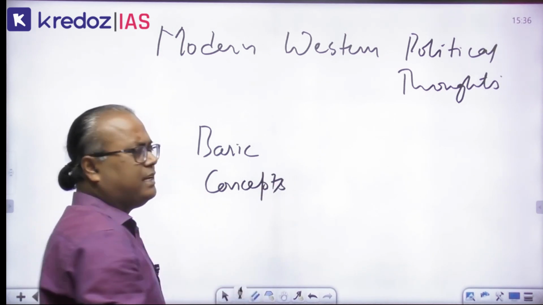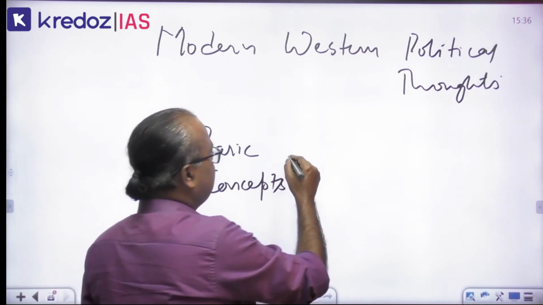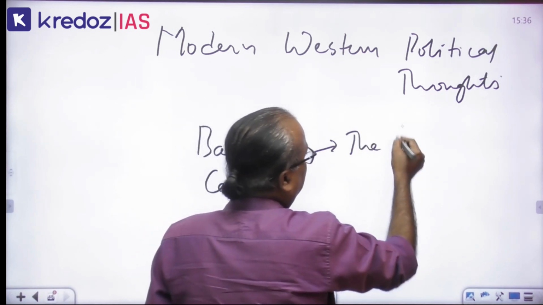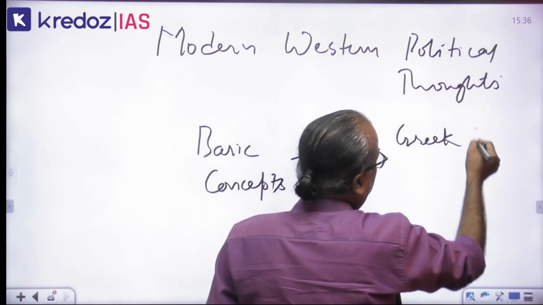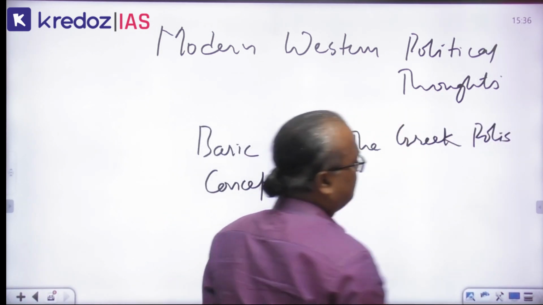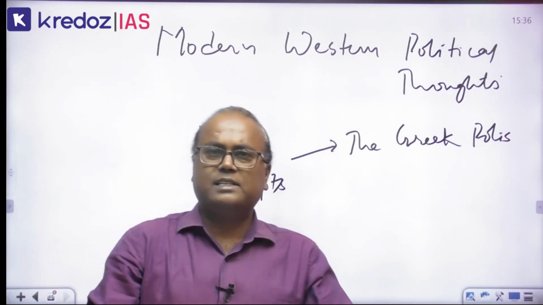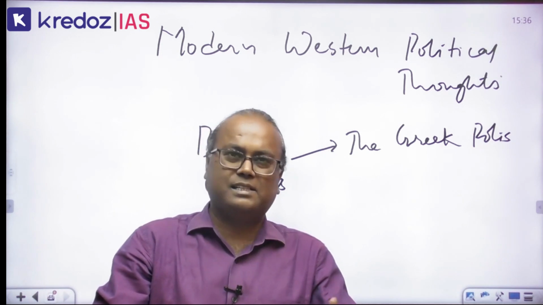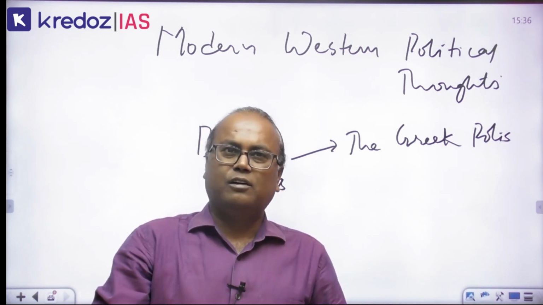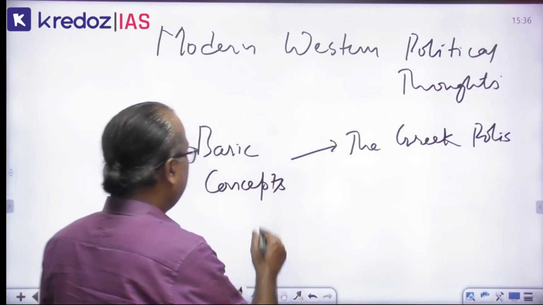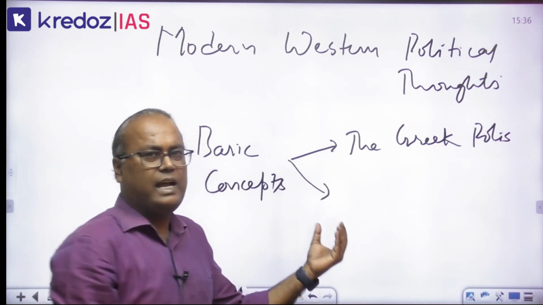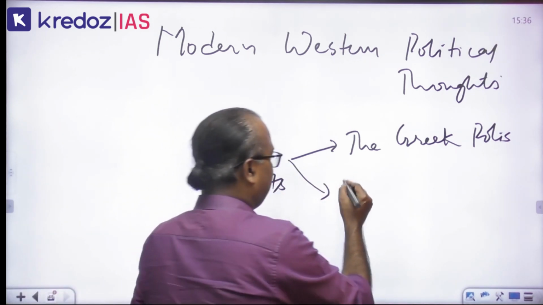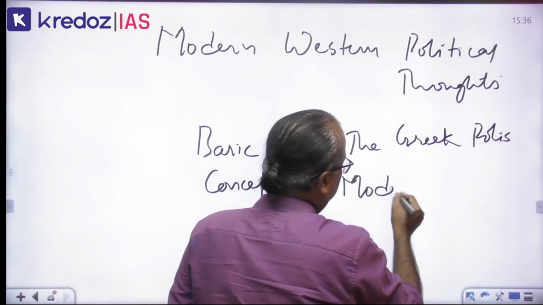What is the Greek polis? What is the city state? What is after the city state? What is the state all about? What is the modern state? After that you have to understand the modern political philosopher.